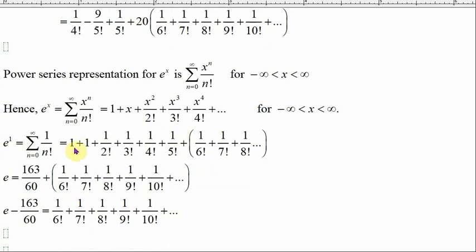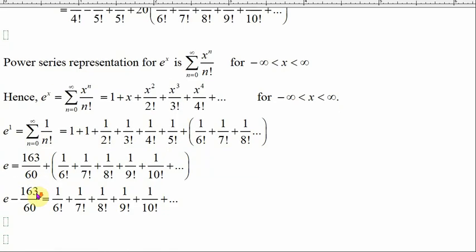The first 6 terms right here sum to 163 over 60. And therefore we get e minus 163 over 60 is equal to the infinite sum starting with 1 over 6 factorial.